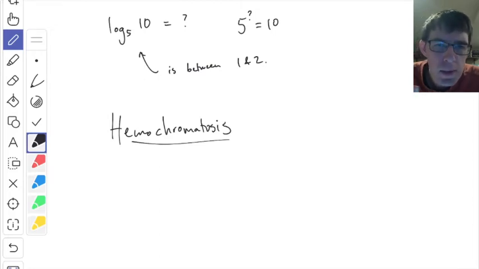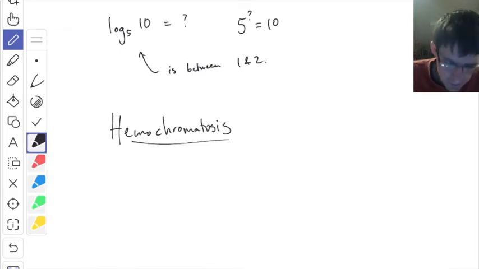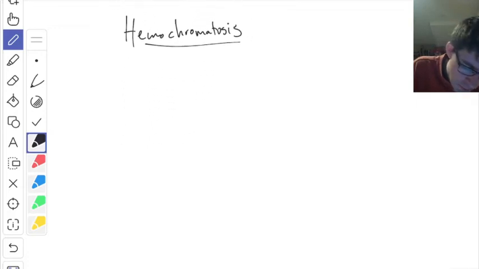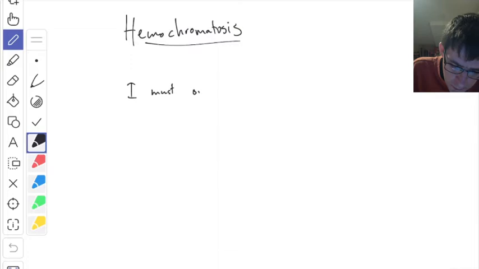But if you have the treatment, if you know that you have it, it really doesn't hurt you because there is a treatment to remove iron from the blood, and this is where the exponential functions come in. So I must artificially remove iron from my bloodstream.